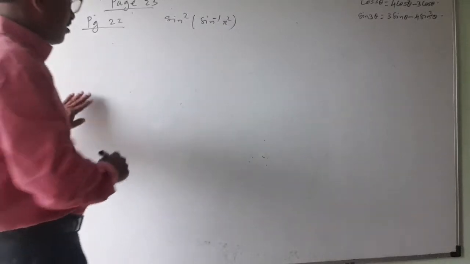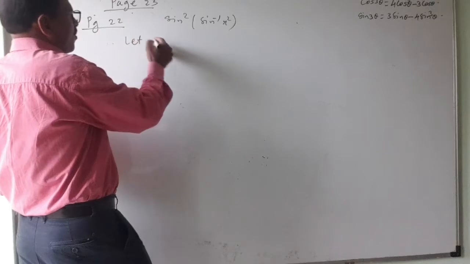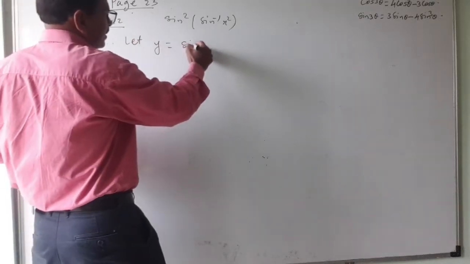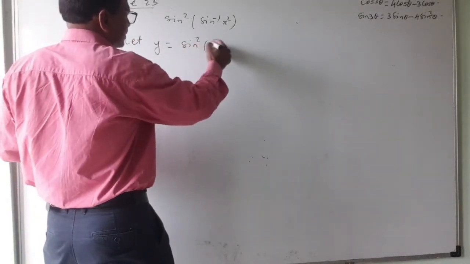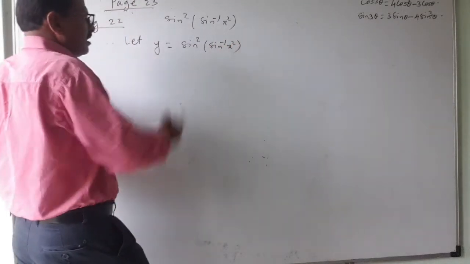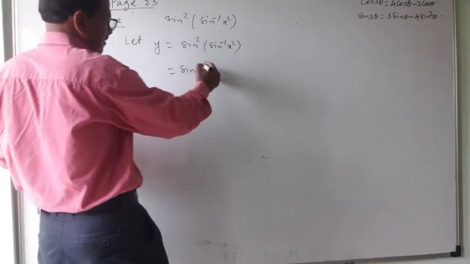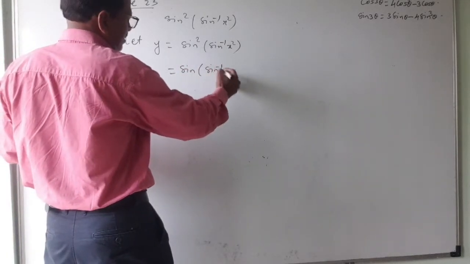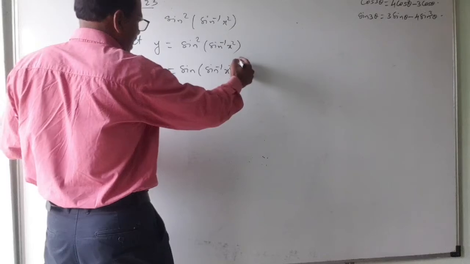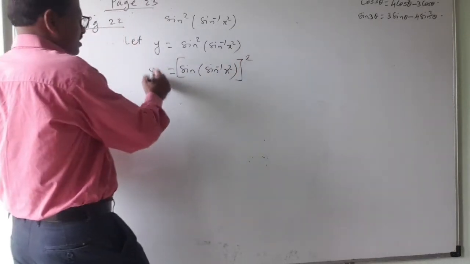Don't expect more than 2 marks at least. Let y is equal to sin square of sin inverse x square. This is nothing but sin of sin inverse x square, and the whole square.